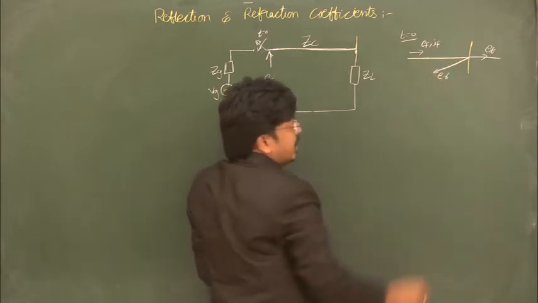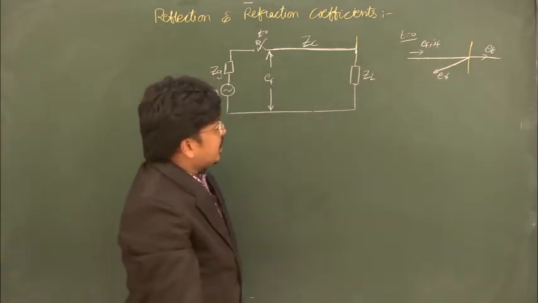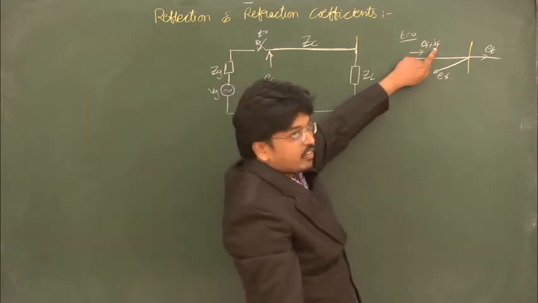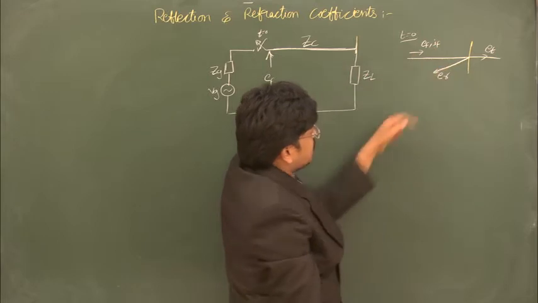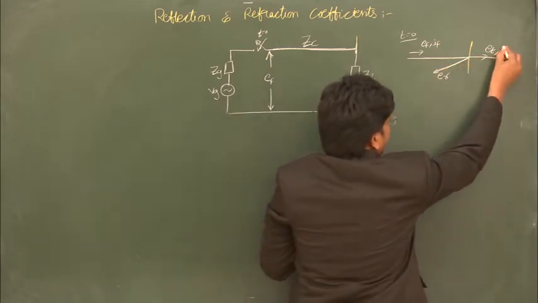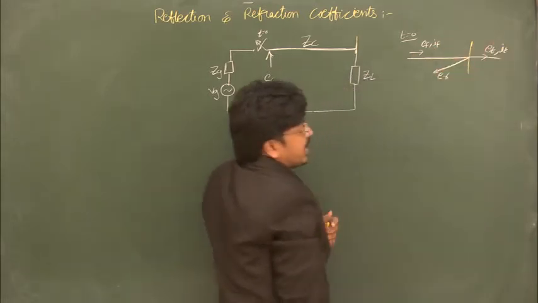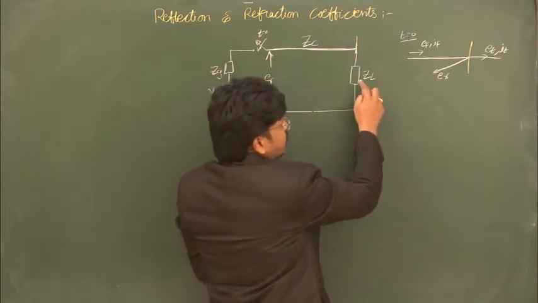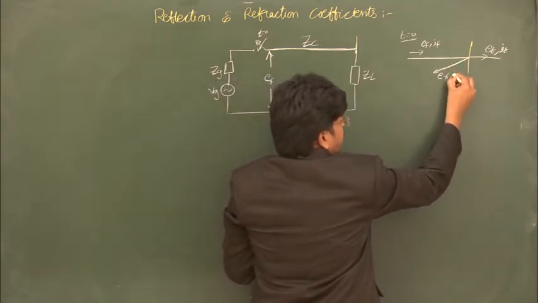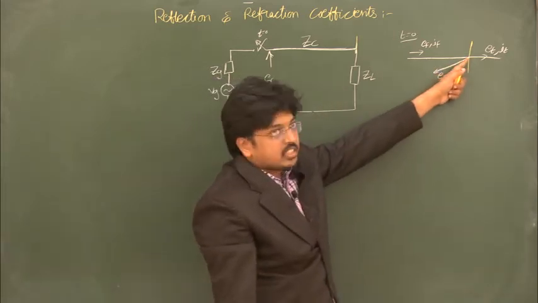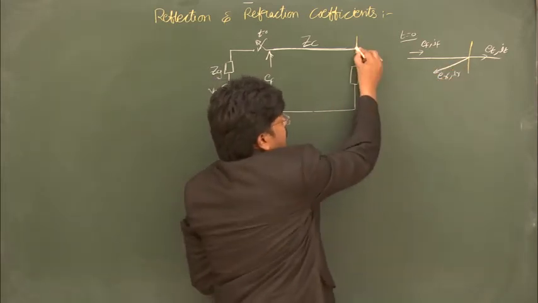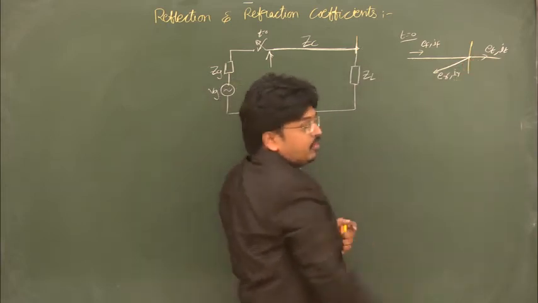Similarly, when the forward current IF is carried through this transmission line, at this junction only an amount IT of current will be transmitted through the load impedance, whereas the remaining current IR will be reflected back at this junction point. It is represented by these waves.